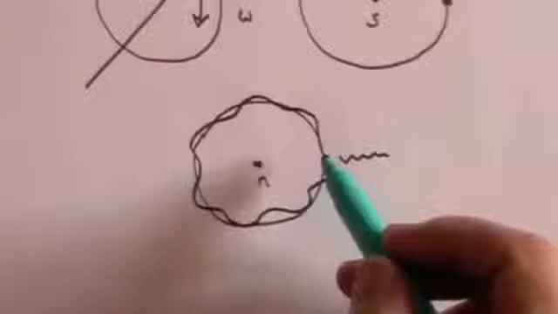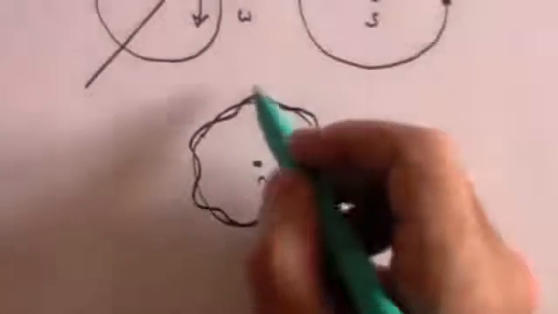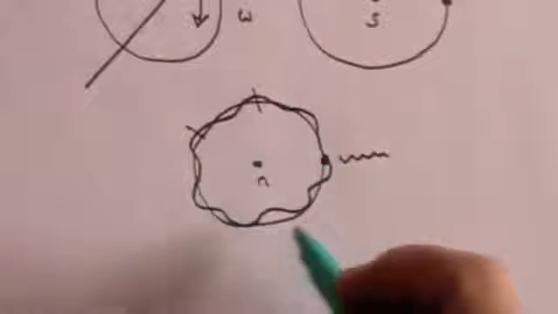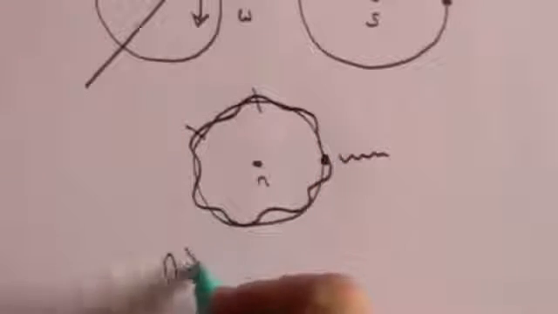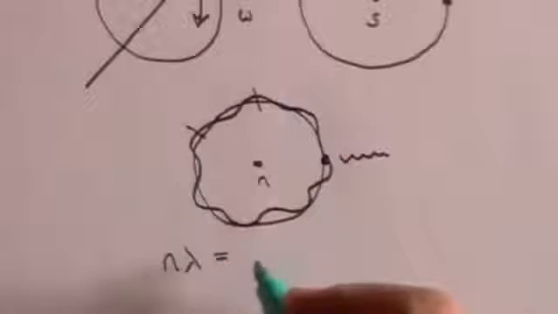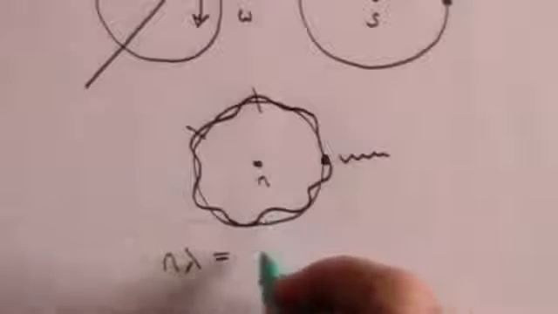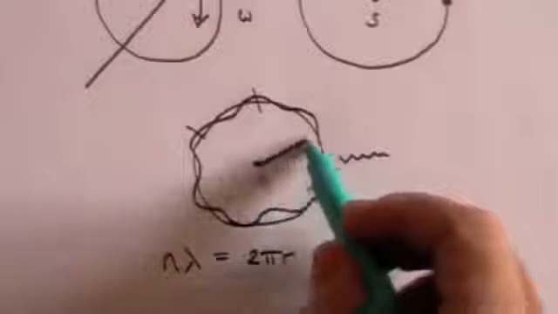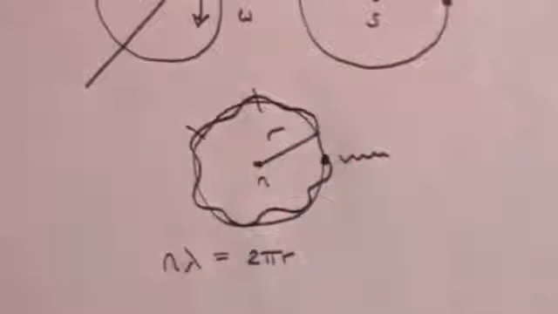There is no disjoint between where it starts and where it ends. And that means that there is a whole number of wavelengths in that orbit. So that there are n wavelengths, where n is a whole number, an integer, in the circumference of the orbit, which is 2 pi r, where r, of course, is the radius of the orbit.